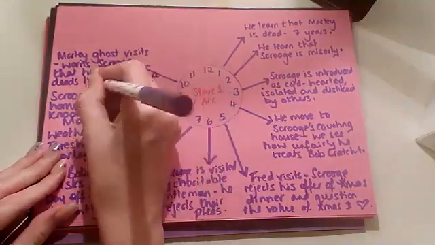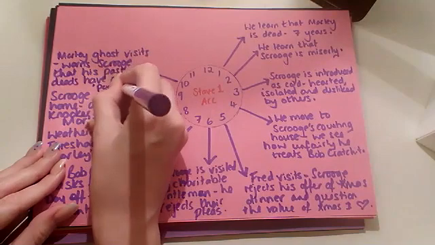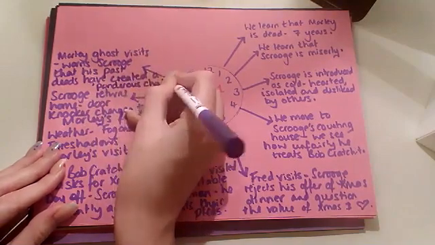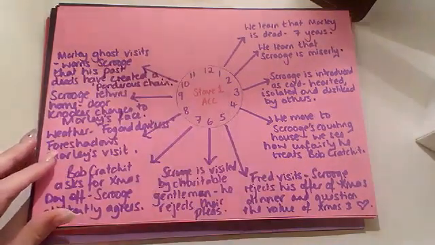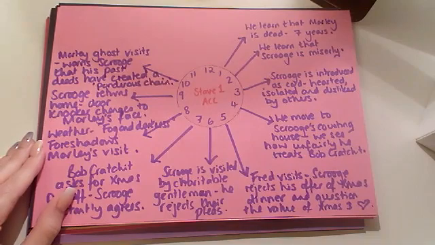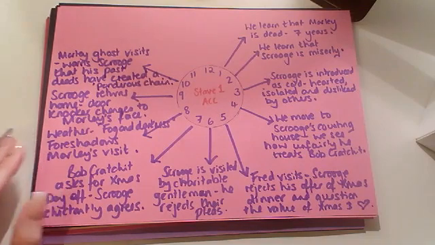So we know that the chain is supposed to represent all the bad things he's done, all the ways that he's hurt people, and it's supposed to represent his guilt. And this is going to prevent him from getting any peace after death.